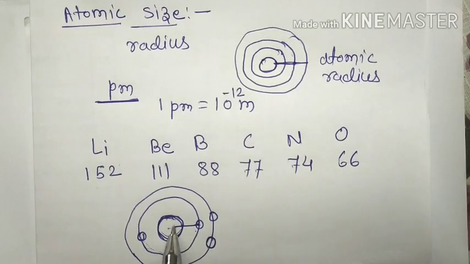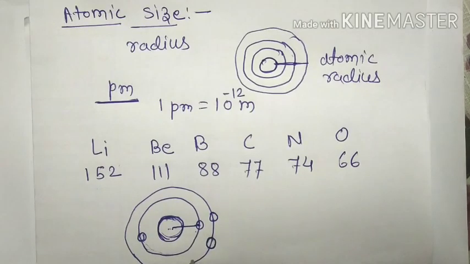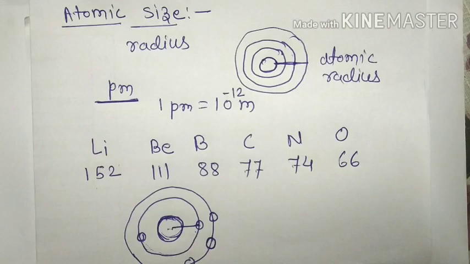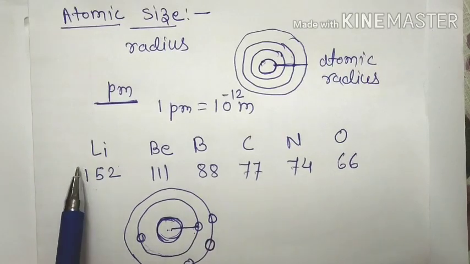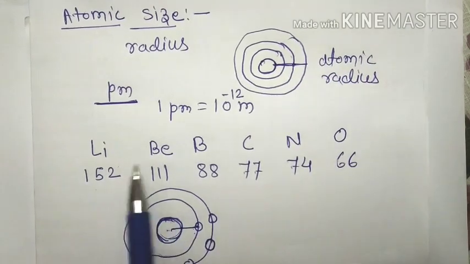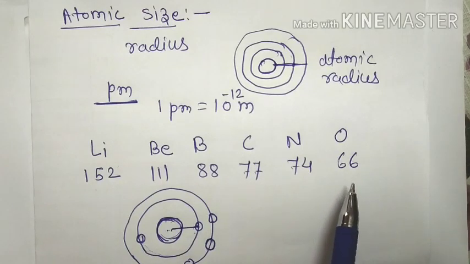There is a nuclear force acting on the electron present in the outermost shell. So as 1 electron is added, more nuclear force is exerted on the electrons, and so the atom shrinks or the size of the atom decreases. So as we move from left to right along a period, the atomic radius goes on decreasing.